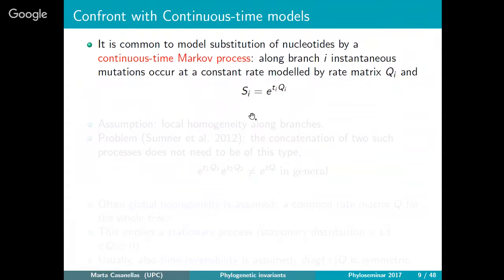Okay. What does this imply? As we have a constant rate along the branch, this implies what can be called local homogeneity. Okay, same rates along the branches.